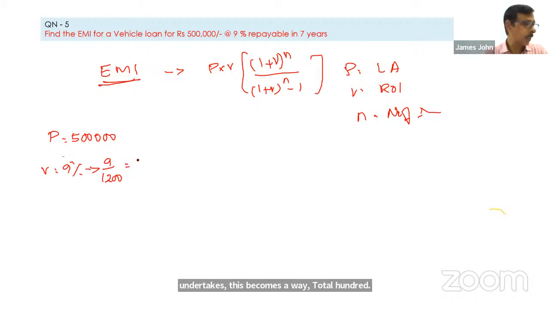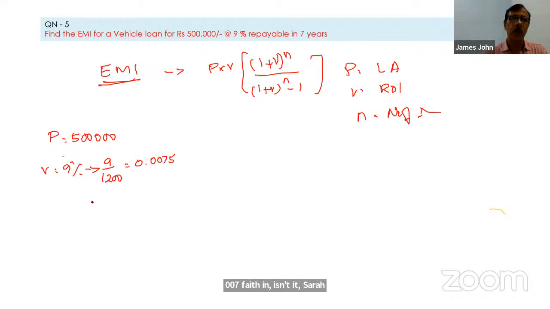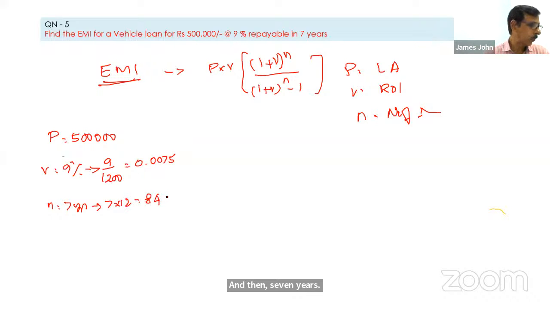That gives you how much? 0.0075, I think, isn't it? 0.0075. And N is 7 years. 7 years means 7 into 12, that means 84. Now you use the formula.